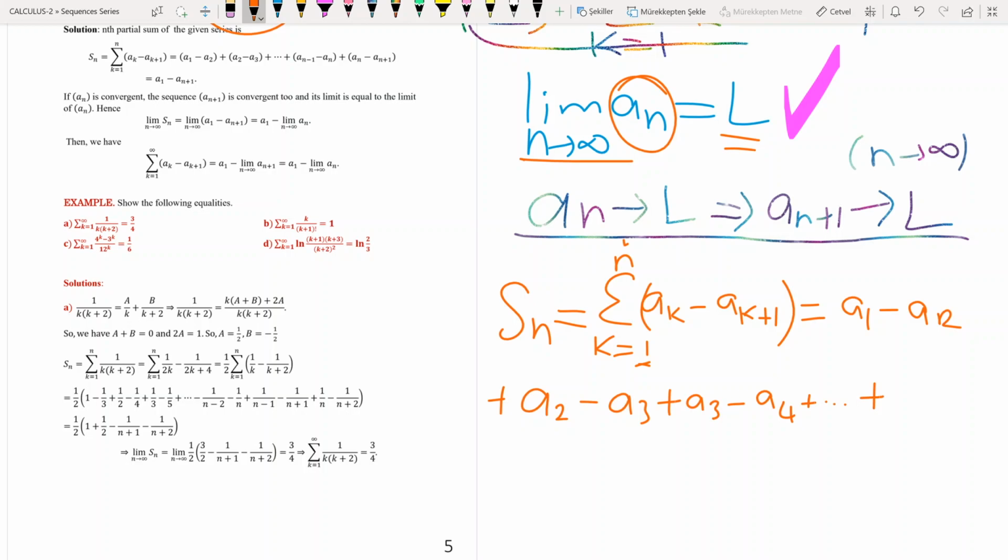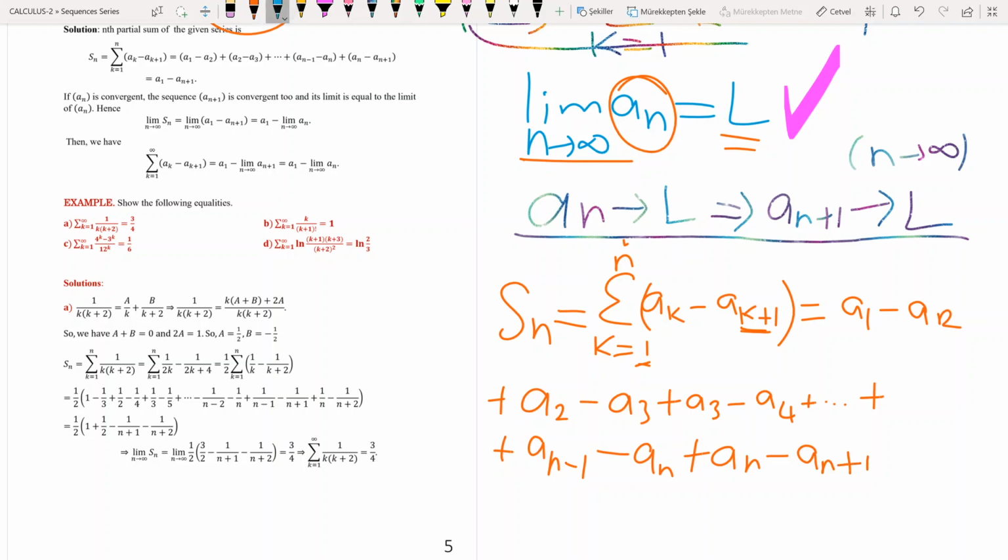For k equals n minus 1, the term before the last term, we have a(n minus 1) minus an, since you write n minus 1 instead of k here, and finally for k equals n, an minus a(n plus 1).